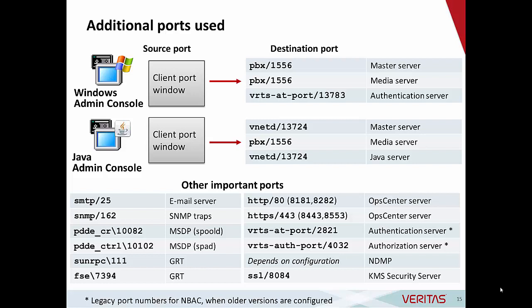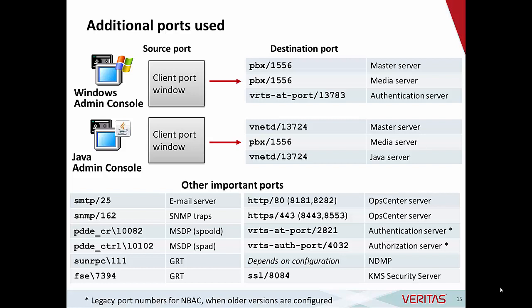You'll also notice that there are some ports mentioned on the slide here which are not really NetBackup ports, but they're operations that NetBackup might be initiating. So for example, if you want to get emails when your catalog backups are successful, you need to make sure that the sending host has the SMTP port open. If you want to use SNMP traps with OpsCenter, we need to make sure that the standard SNMP ports are open.